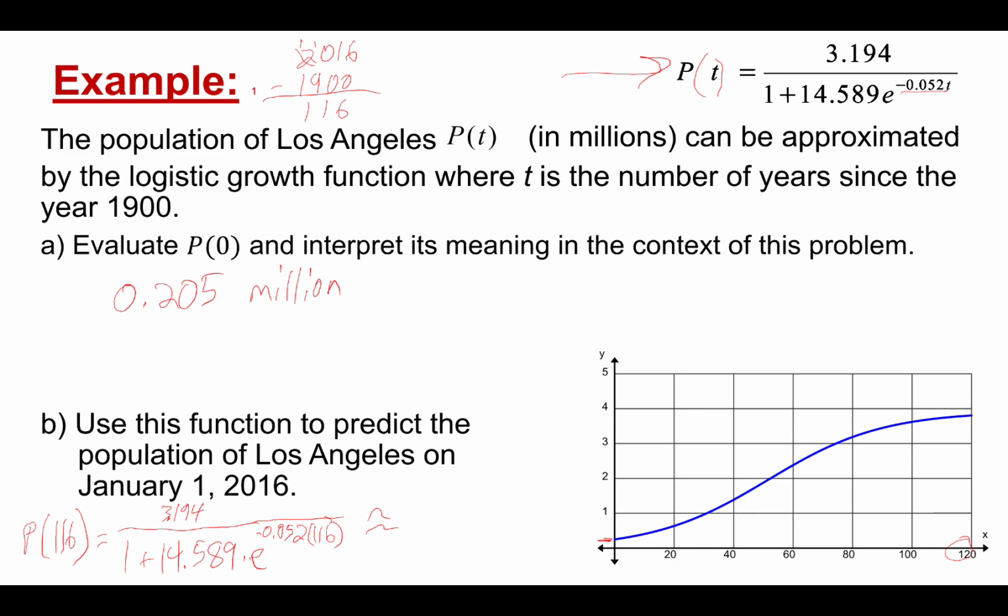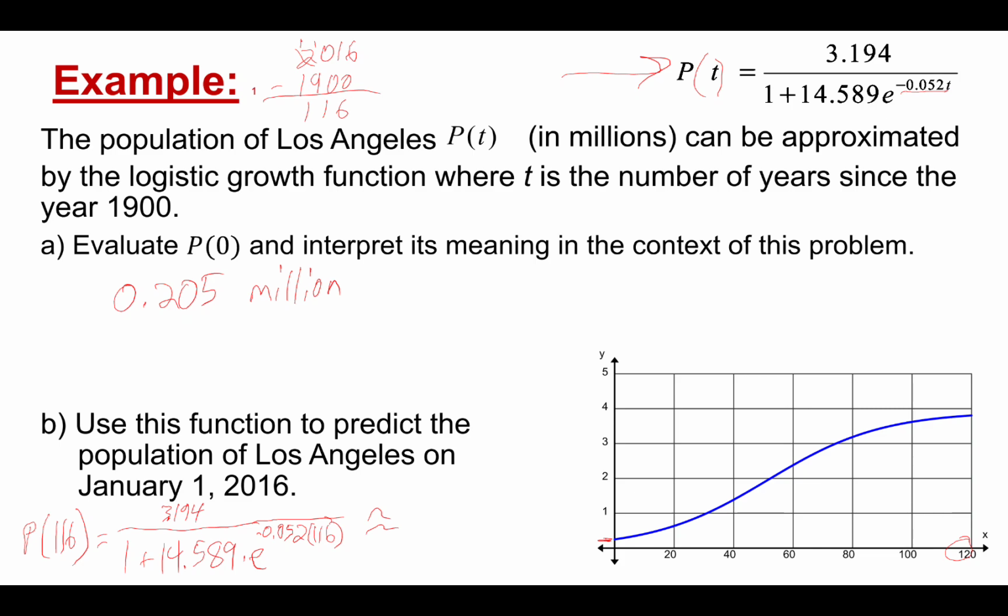And this is 1 plus 14.589 times e raised to the negative 0.052 times 116, and then I need to close that parenthesis and then hit enter.